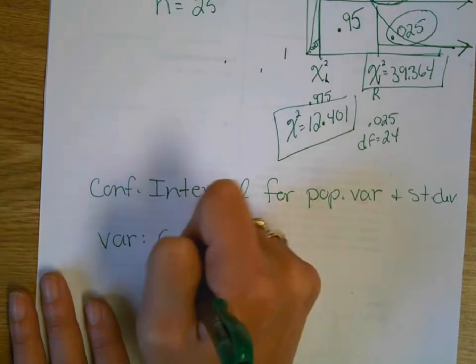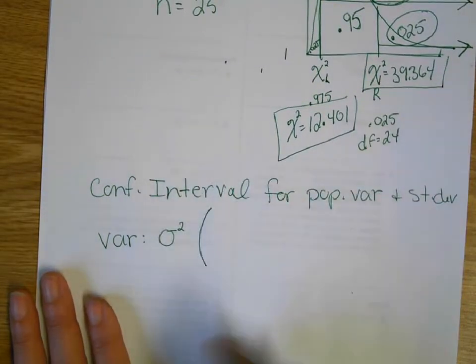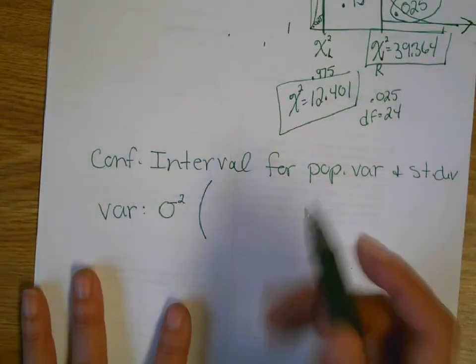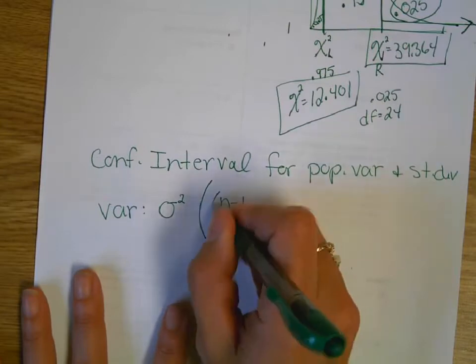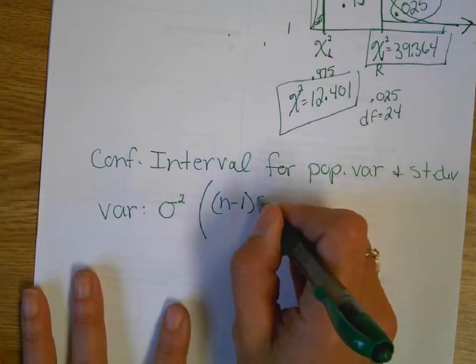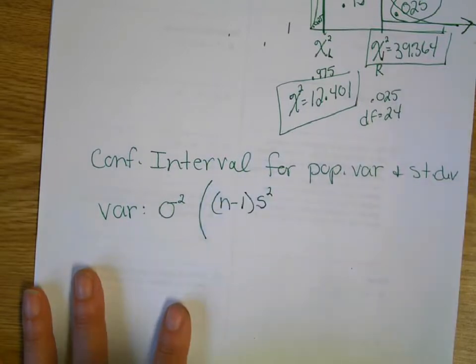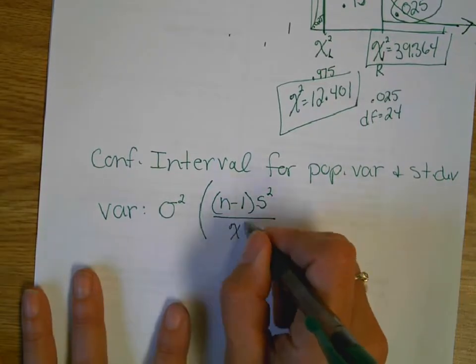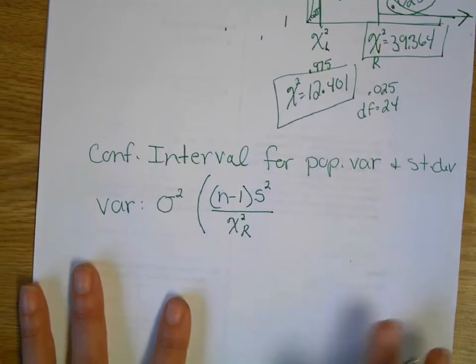So the variance one: the smaller part of the interval is n minus 1 times your sample standard deviation squared, divided by your chi-squared right value from the table.